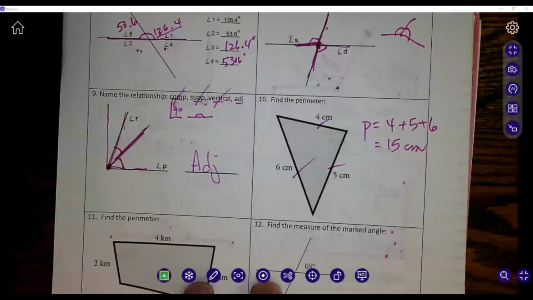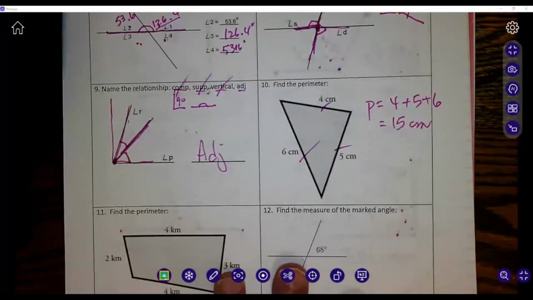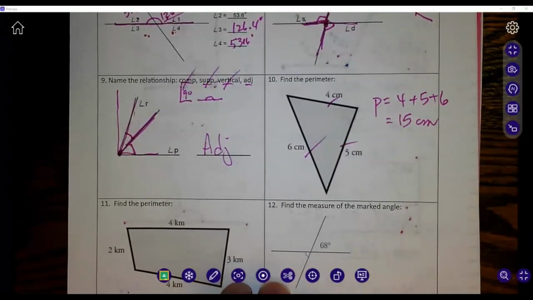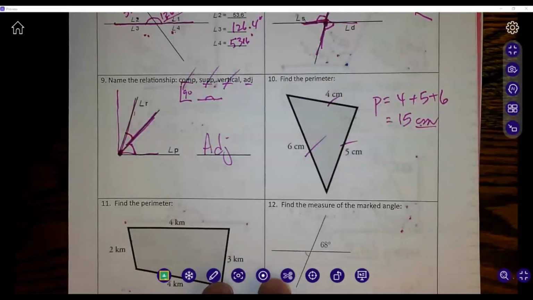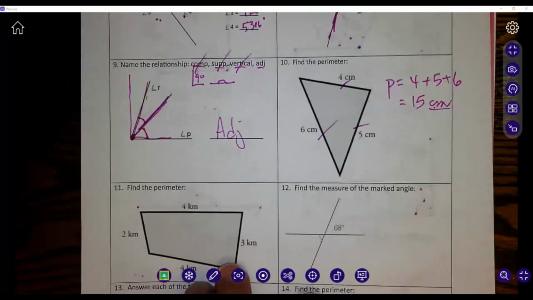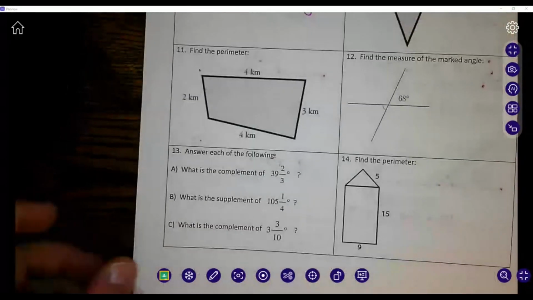You have to be careful with perimeter, because perimeter is a specific dimension, and we have to put the units on there. You can't just say 15 because we don't know 15 what? 15 miles, 15 inches. You have to put the units on there.